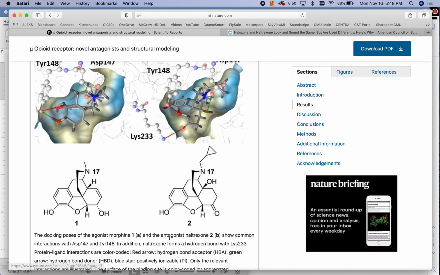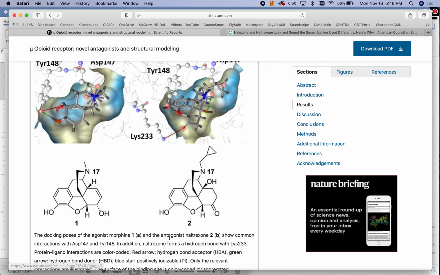And so when you have an antagonist, it has a similar structure, and it'll bind similarly, so it fits again. It's like this lock and key model, so it fits in that site, but you don't get any cellular response. And so it actually blocks it, so the real drug can't get in. That's how this antagonist, naltrexone, actually binds in there.